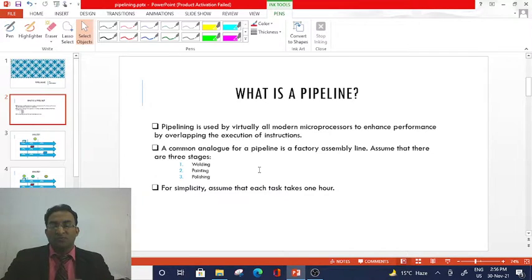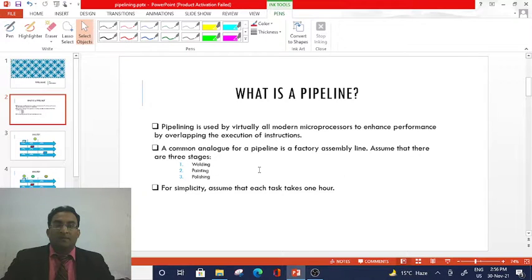Beyond these two concepts, there is one concept called pipelining, which is used for overlapping of the stages, because the different stages are independent of each other and can be executed at the same time. To understand this concept, we take a common analogy: an assembly line in a factory.